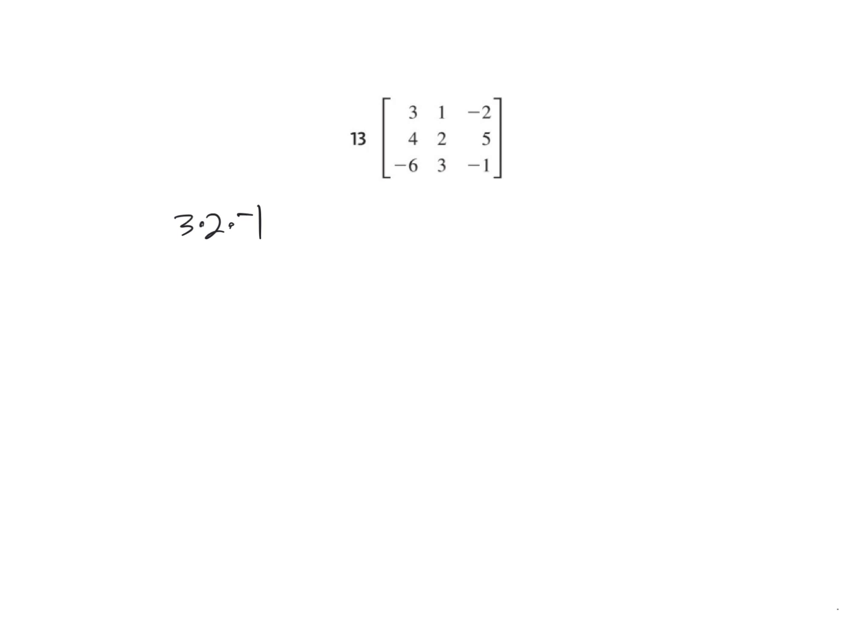You have the 3 times 2 times 1, but then you have 1 times 5 times something else. Something's missing there. And then the negative 2, there's another one. So there are 2 things missing there. So what we do is we put column 1 and column 2 in these positions: 3, 4, negative 6, and then 1, 2, and 3 in those positions. And now we have what we need.